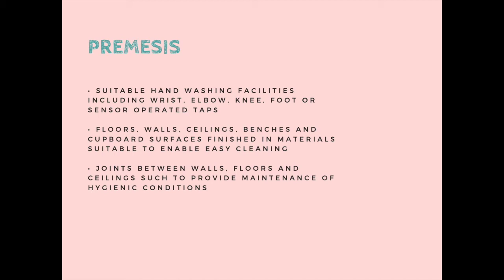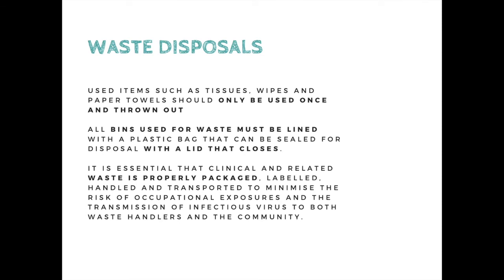Always ensure that the wash area, floors, walls, ceilings, and joints have been sanitized, which is a really good step to keep all these parameters clean and hygienic for all your members.